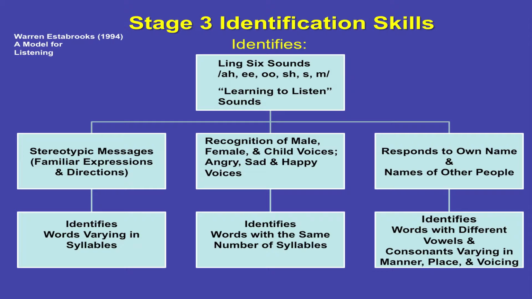Examples include identifying the Ling 6 sounds by repeating them, identifying learning to listen sounds and their objects, responding to their own name or names of other people, and identifying words varying in syllables and vowels and consonants.